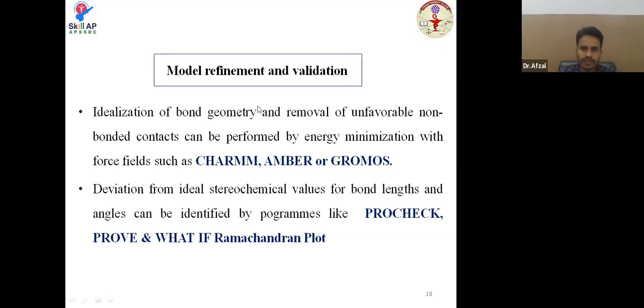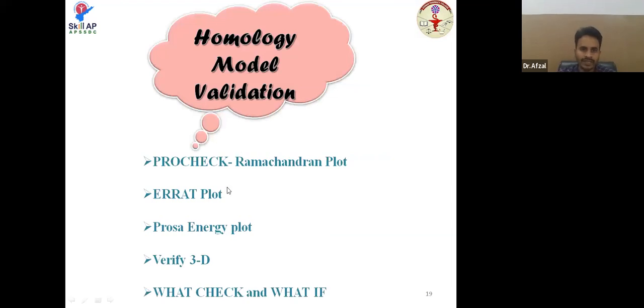So these software are helpful in order to refine and validate this developed model. And the homology model validation, as said previously, we can do by ProCheck, or we also have different plots like ERRAT plot, ProSA plot, as well as Verify 3D, WhatCheck, and WhatIf, right?